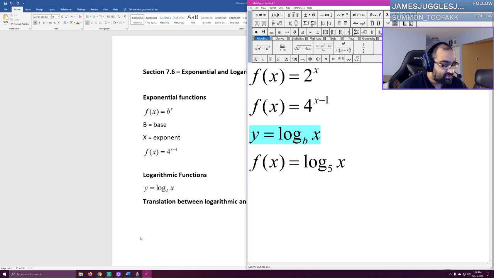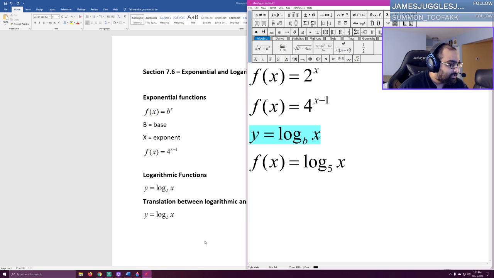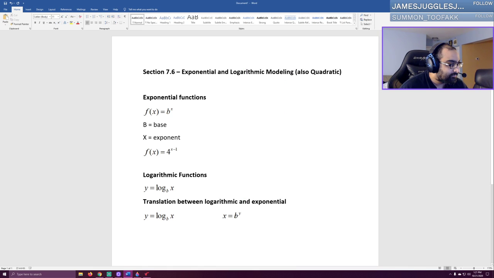So here's our logarithmic function. So y is equal to log base b of x. And if we want to translate that to an exponential function, then what this actually goes to is x is equal to b to the y power. So this is the log, this is the exponential.